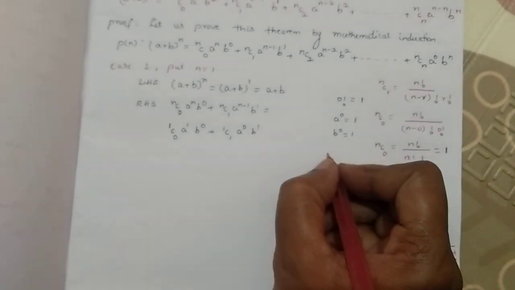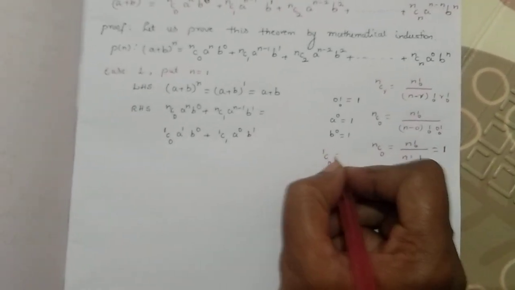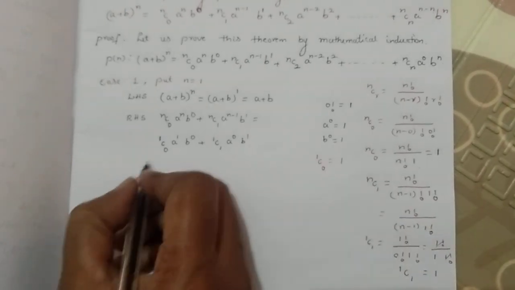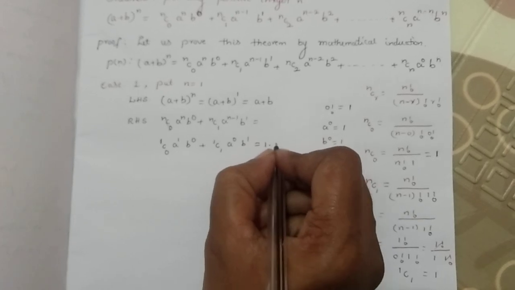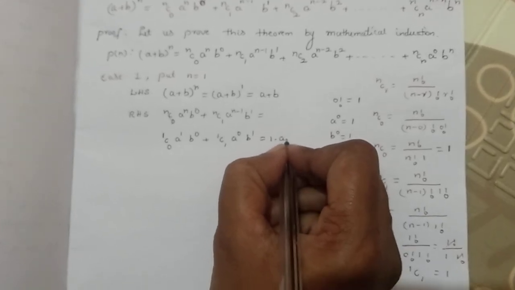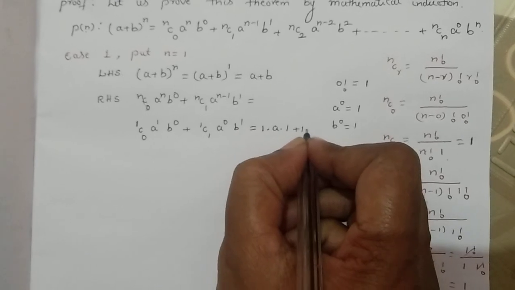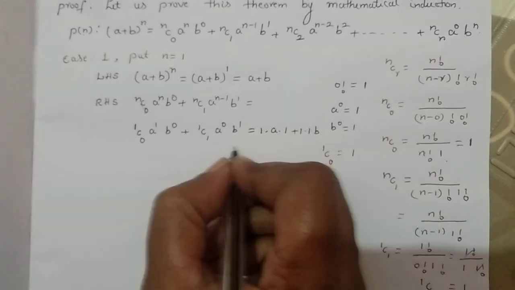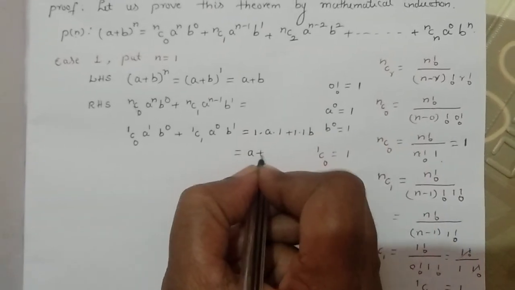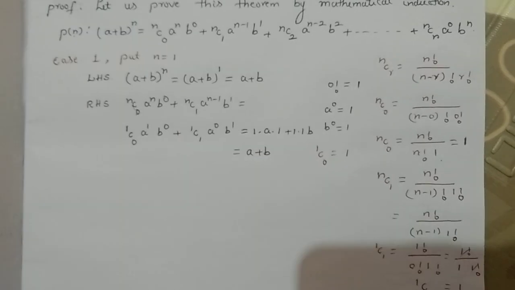Similarly, here 1C0, even this value is also 1. So finally this gives 1C0 is 1, a power 1, b power 0 is 1, plus 1, a power 1, b. Then this gives totally a plus b.